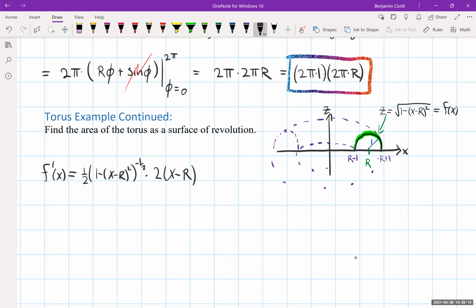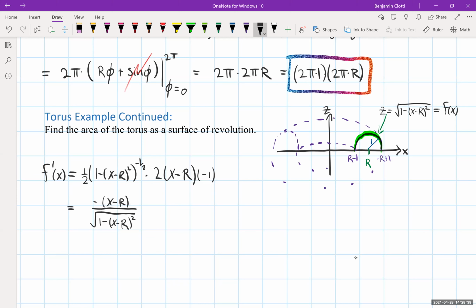Actually, maybe there's a negative sign, although the negative sign is going to disappear. So now I'm ready to.